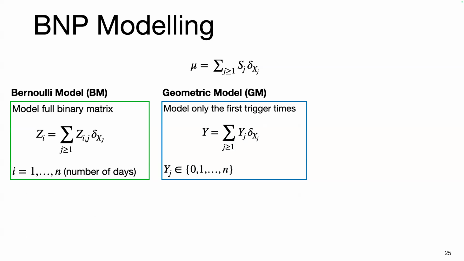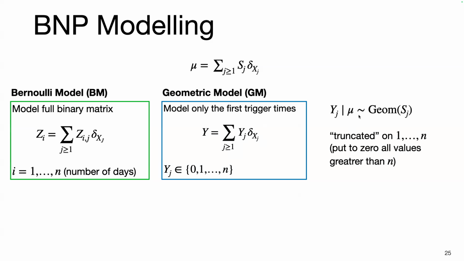And so to mitigate this, we also investigated another model, which models only the first triggering times of each user. Here, y_j is the first day in which user x_j is active, and it's 0 if user x_j is never active in the first observation period.